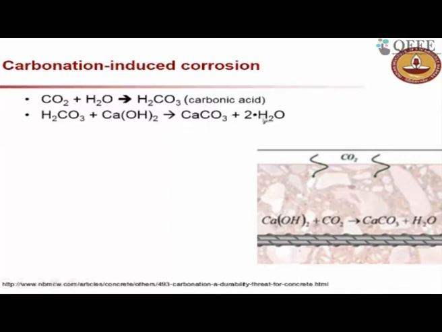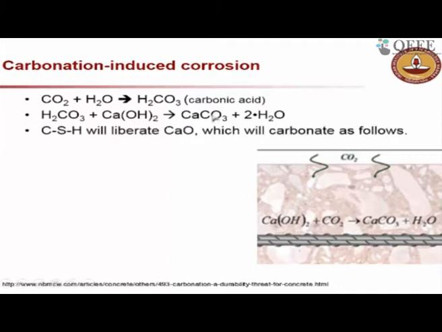This white patch will leach out. Then at a higher level of carbonation, the calcium silicate hydrate, which is the binder in the concrete, will liberate calcium oxide, which will again get carbonated, and you will see more calcium carbonate being formed.